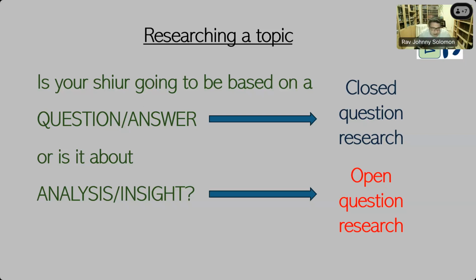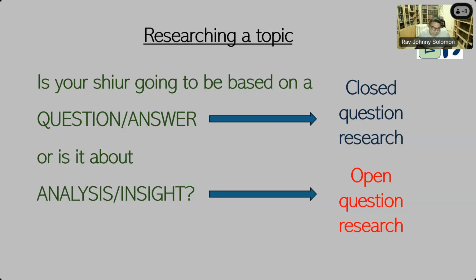You don't necessarily have a clear answer, but instead you're trying to make sense of that. I think that's slightly different. It's more what I would call open question research. When you do research, you don't necessarily know what you're going to discover. You don't necessarily know what you're looking for.